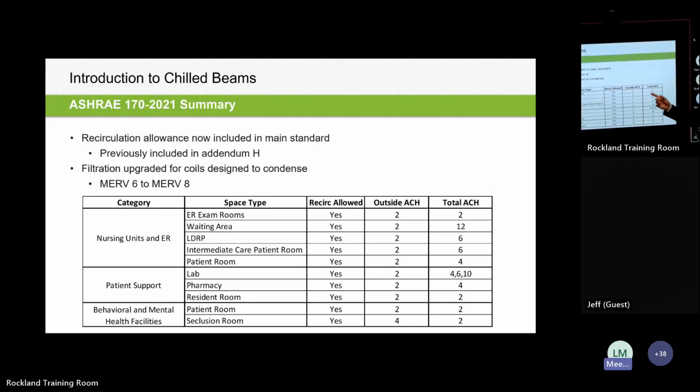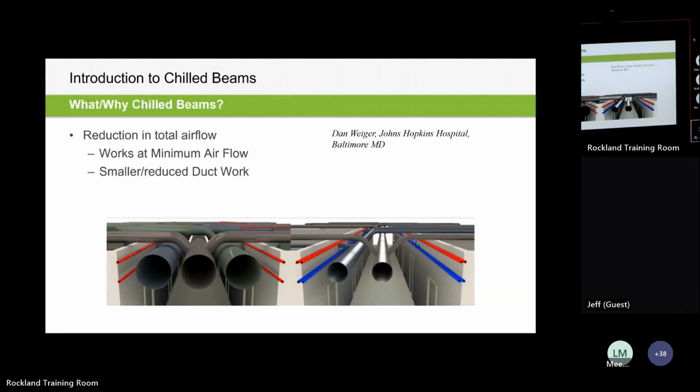So if you have condensing coils, they require you to put MERV 6 and MERV 8 in the unit, which is obviously very negative, would negatively impact your induction rate through the chilled beam. So something to consider and keep the coil design dry for those reasons. Any questions on those items?